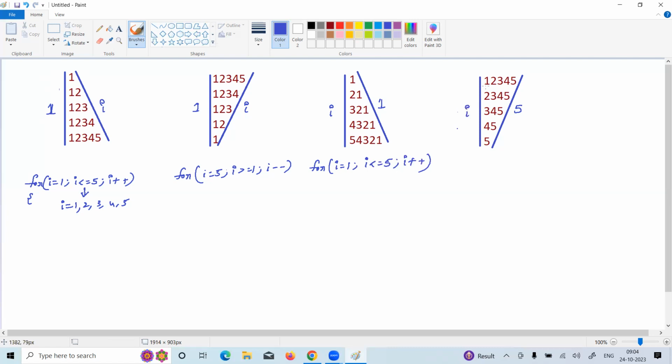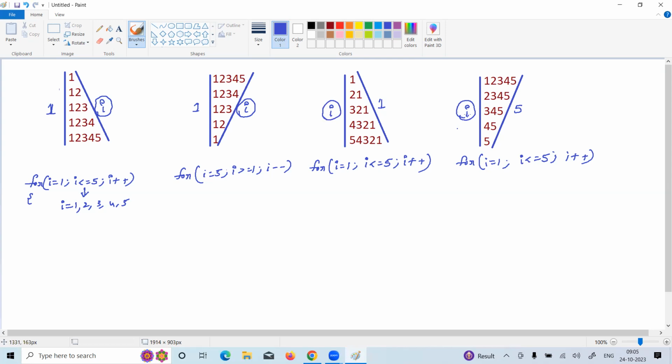And this one also I, 1, 2, 3, 4, 5. First concentrate on the outer loop only. Here the cross line is the outer loop, and the straight line is the outer loop. So why? Look at the values. Different values are there.